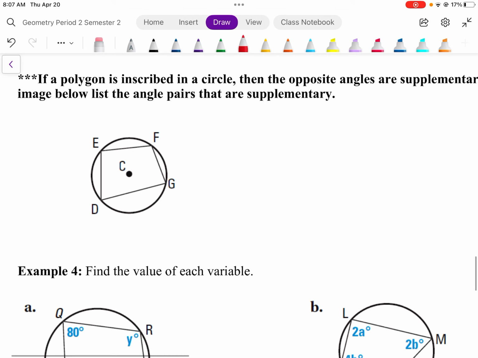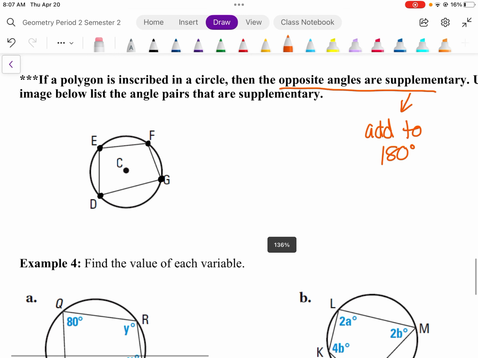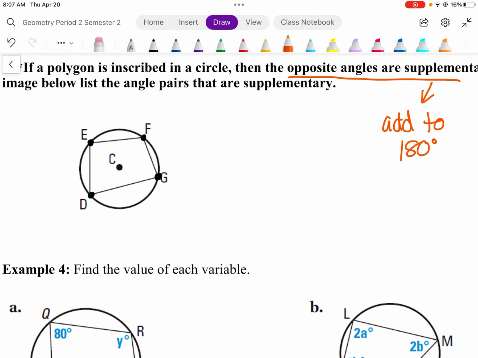And then the last one, if a four-sided polygon is inscribed in a circle and all the vertices are on the circle, then the opposite angles are supplementary, which means they add to 180. So if we use this image below and list the pairs of angles that would be supplementary, it's the angles that are opposite of each other.